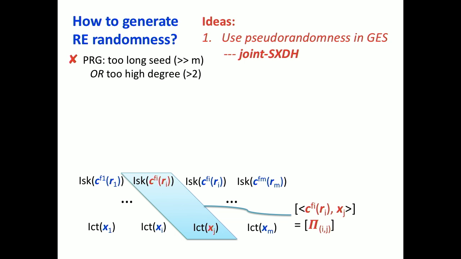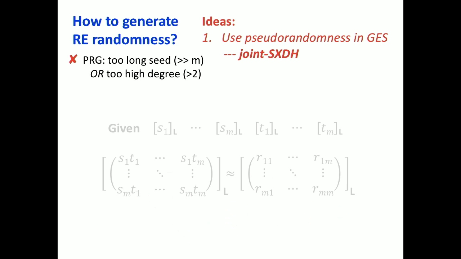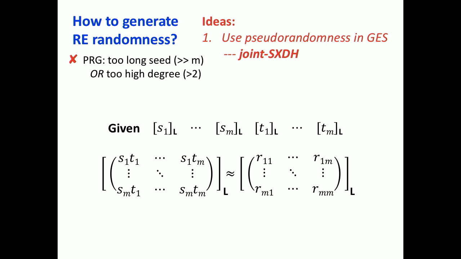So the idea is, maybe there's something already there in graded encoding. In particular, there may be some built-in pseudo-randomness in graded encoding, in particular, joint SXDH. DDH already, this is a classical trick used again and again in cryptography: if I give you encodings of a bunch of Sis and then a bunch of Tjs, the matrix of their product is indistinguishable from the matrix of random elements.